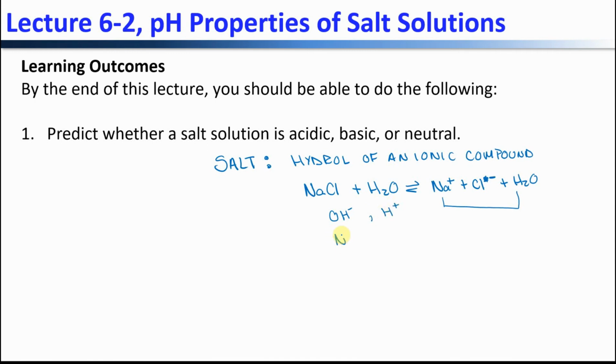So the only thing sodium could get together with is OH minus, making NaOH, which is a strong base. And the only thing the chlorine could get together with would be H plus, making HCl, because a negative ion isn't going to bond with another negative ion. It has to bond with some sort of positively charged thing. Well, this is a strong acid.